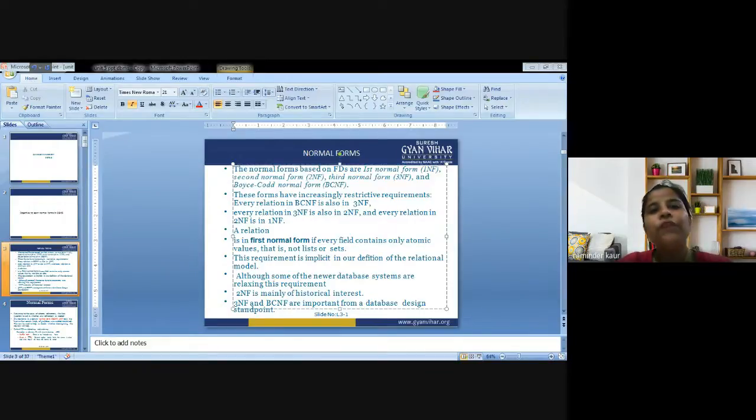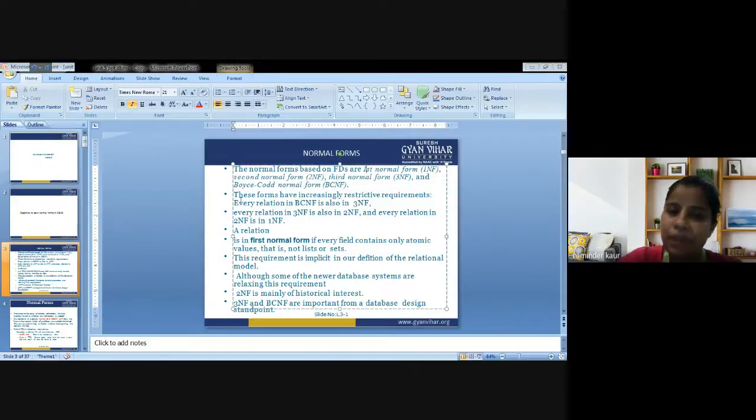So coming to the first point, the forms have increasingly restrictive requirements. What is the restrictive requirement?